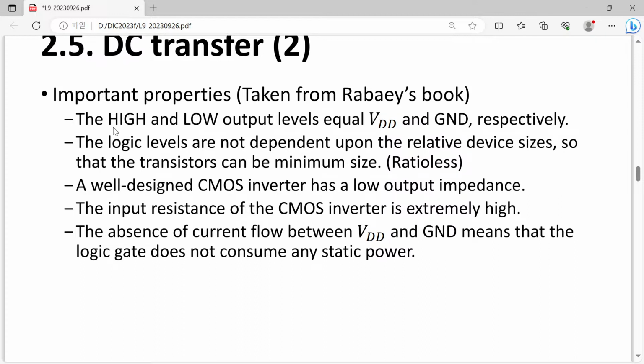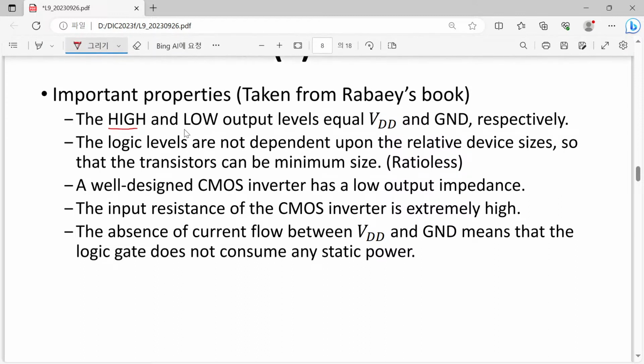Logical high and logical low correspond to VDD and ground respectively. It is quite easy. And here, logic levels are not dependent on the relative device sizes. So think about this one.